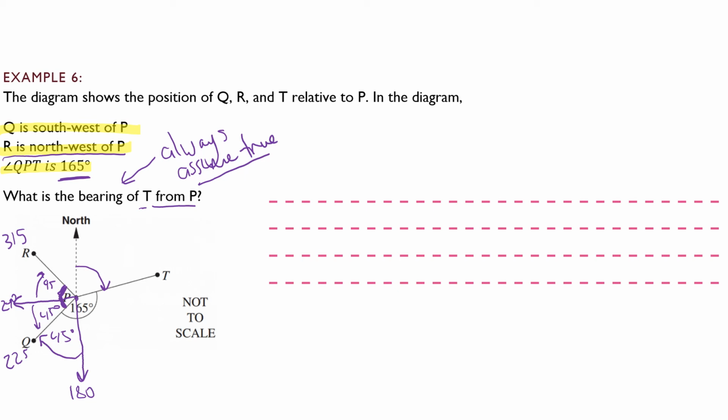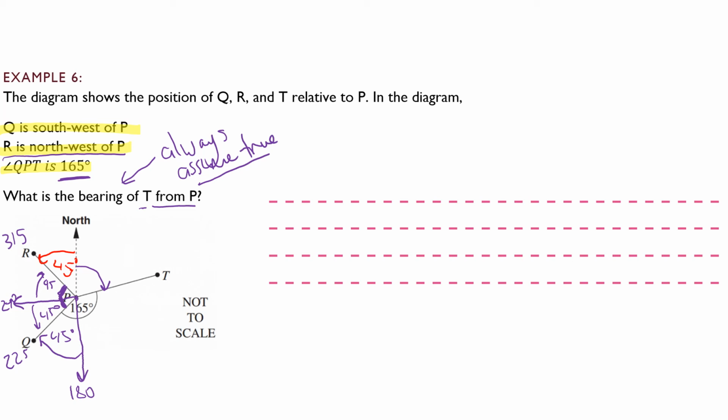Okay, to find that, we have pretty much every other bit of information in the circle that I've written down already. The other thing we know that I haven't written down is that this here is also 45 degrees, isn't it? We know that's 45 degrees because point R is exactly northwest.